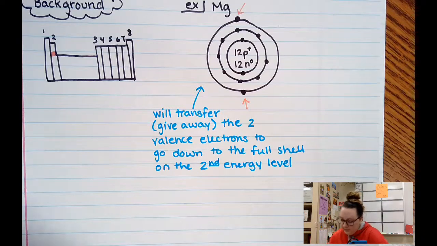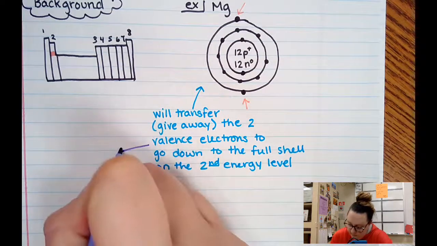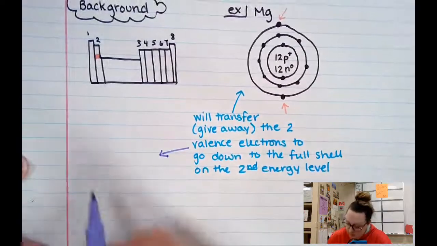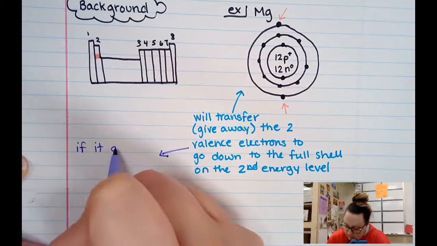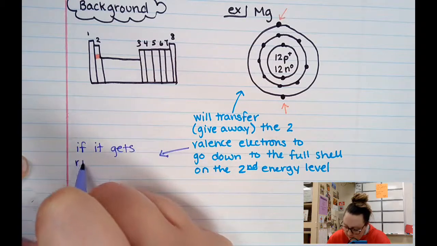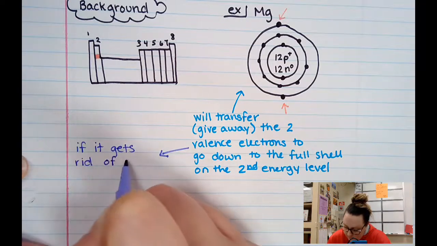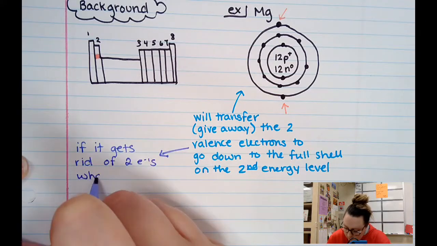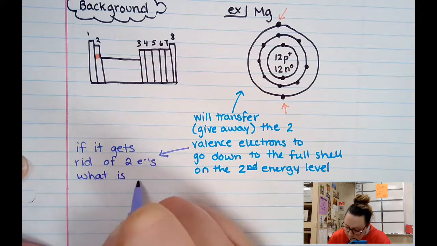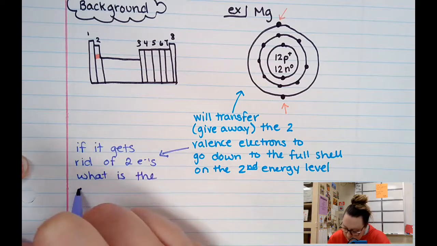So our next thought is, if it gets rid of 2 electrons, what is the overall charge?